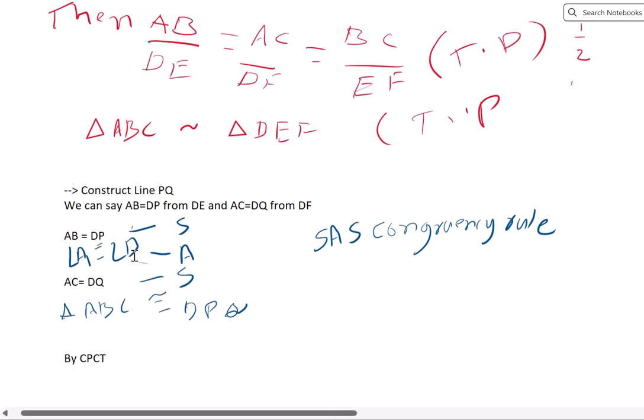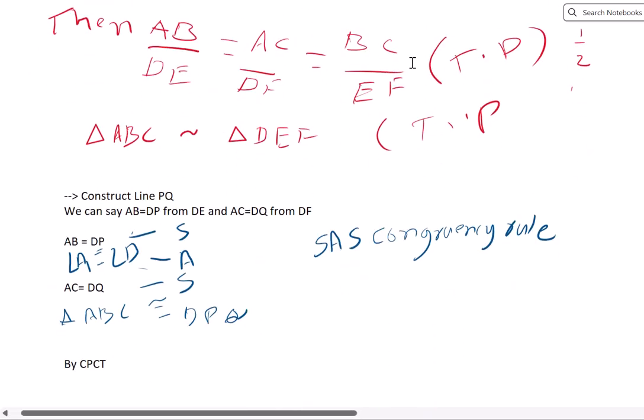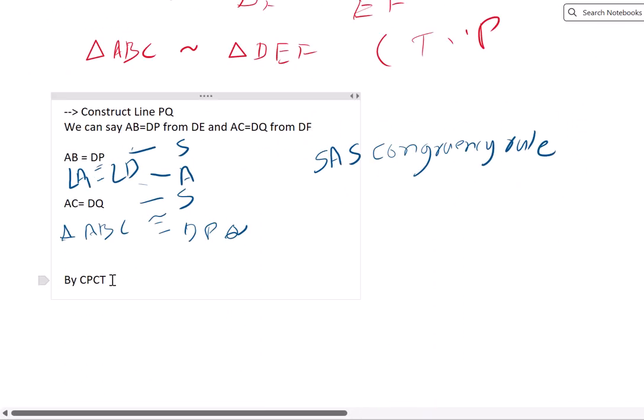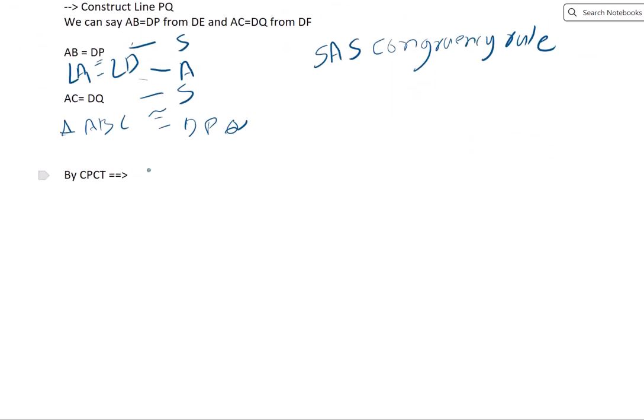By CPCT, angle B and angle P are the same, and angle C and angle Q are also the same.